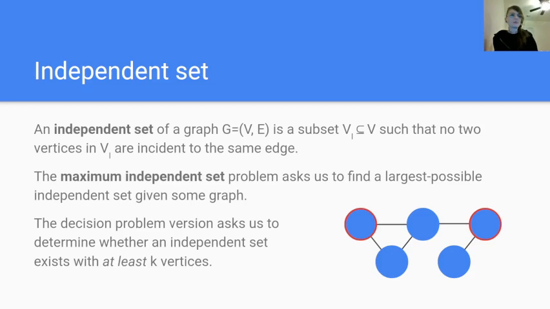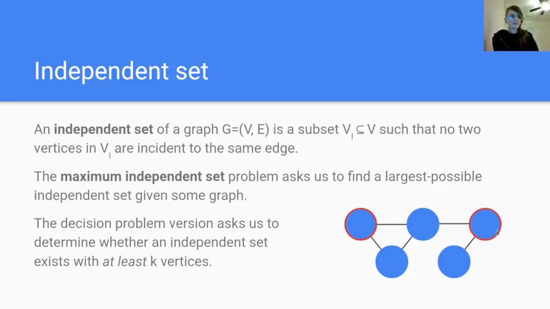Here's another problem, the independent set problem. It is related. An independent set of a graph G with some vertices V and edges E is a subset V sub I of V such that no two vertices in V sub I are incident to the same edge. So here we're trying the same graph. We're trying to find vertices such that no two vertices in the set are incident to the same edge.